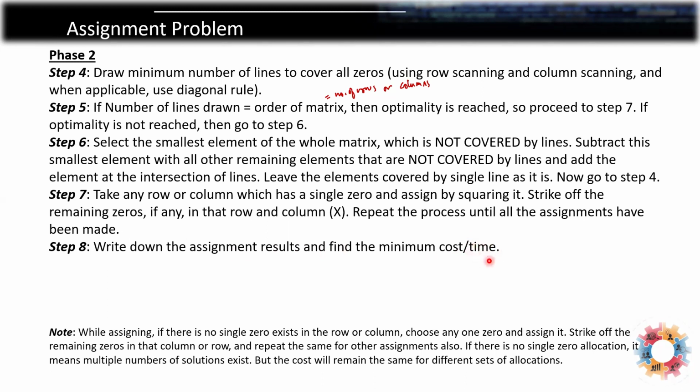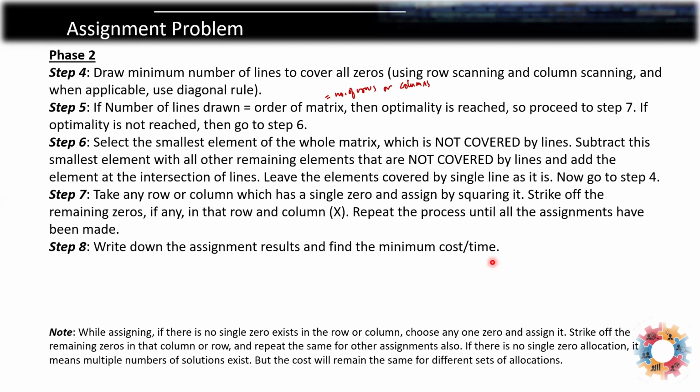It can be time because sometimes it is not the cost that is being computed, but rather the time, for example how much time is spent in assigning a particular machine to a particular task. It could be like that, but the principle is the same. But we're going to focus only on the idea that workers are assigned to jobs.